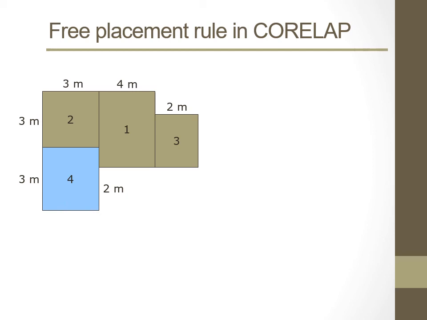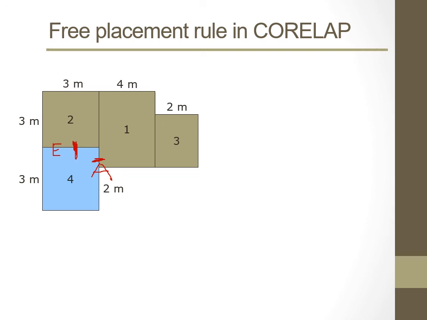Then what's the placing rating? In order to calculate it, we need to look at the neighbors of this one. Okay, when we place department 4 in this position, it's a neighbor to department 1 because they share a common border, and it's also a neighbor of department 2 because it shares a common border. And remember, the relationship between 4 and 1 was A, so we have an A relationship here, and the relationship between 4 and 2 was E. Okay, so 4 is not a neighbor of 3, that's why we don't need to consider their relationship in this placement.